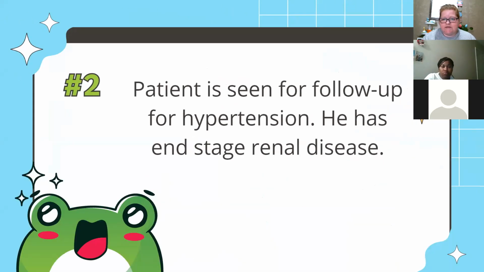All right. Go number 2. Patient is seen for a follow-up for hypertension. He has end-stage renal disease. I would start with disease.